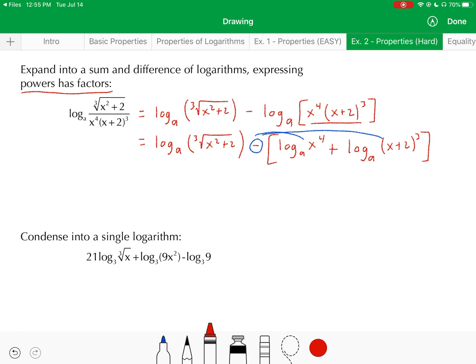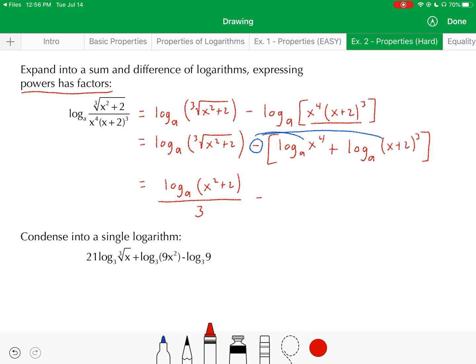So in the first logarithm that has the cube root within it, we know that that's the same as being raised to the 1/3 power. So I'm going to bring that in front, and it's going to multiply the logarithm. But instead of multiplying by 1/3, I'll write it as division by 3, like this.